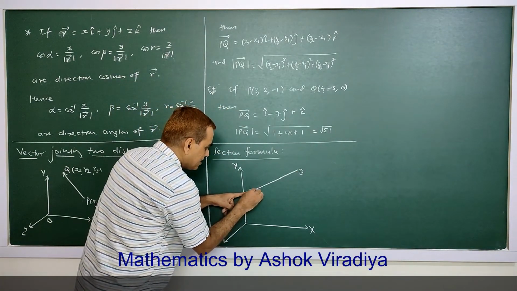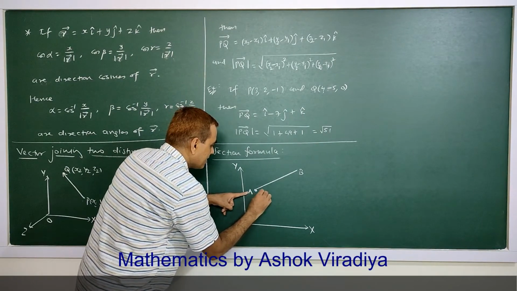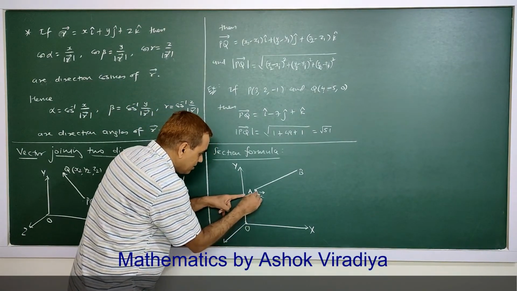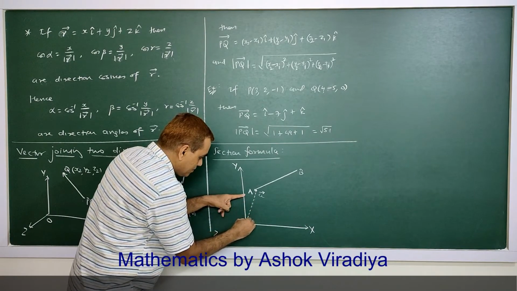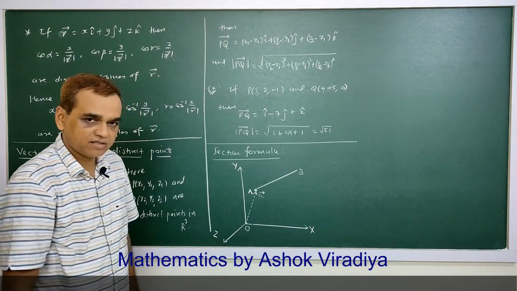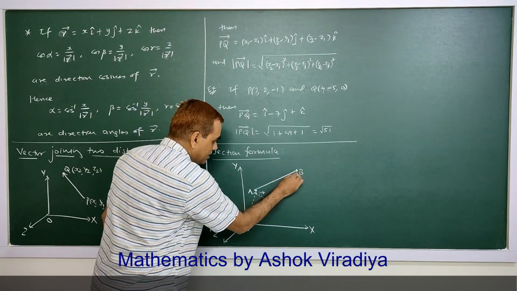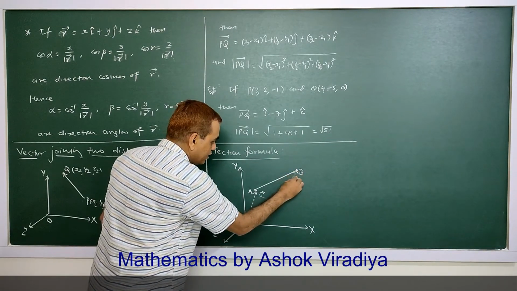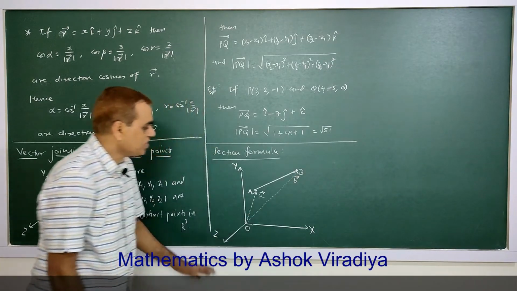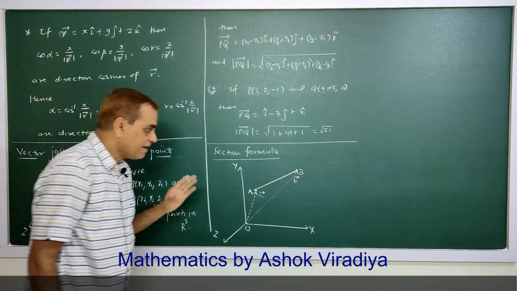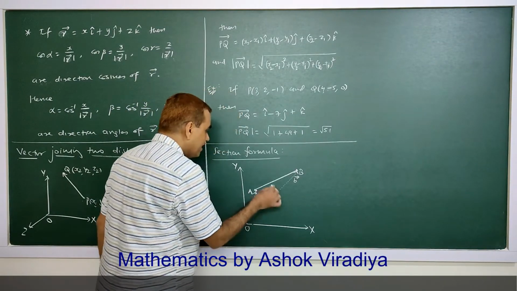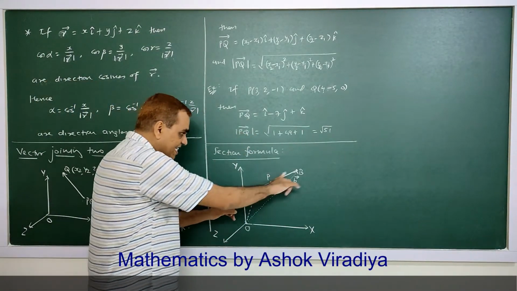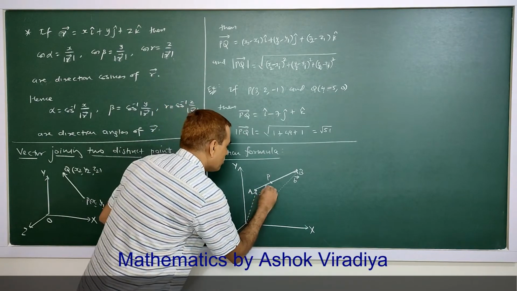The position vector of this point is vector A. That means joining A with the origin, this vector is vector A. Similarly, this vector joining B with the origin is vector B. So if the position vectors of A and B are vector A and vector B, we want to find the position vector of a point dividing this line segment AB in ratio m is to n.